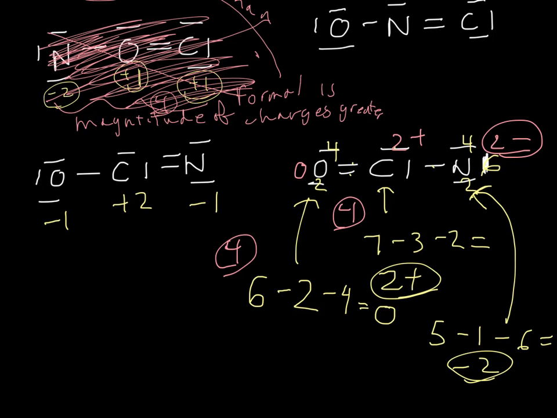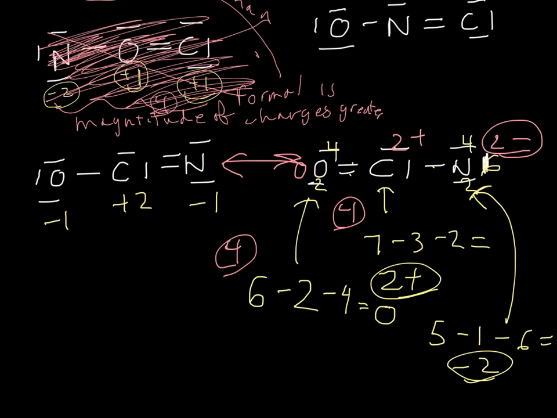So how do we decide between these two structures? Which is the best between these two structures? The magnitudes both sum to 4. And so that's not the way to decide it. Look at that last criteria there under formal charges. The most negative formal charge will be on the most electronegative atom.